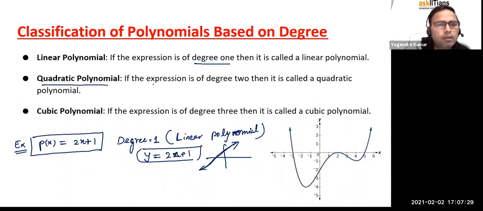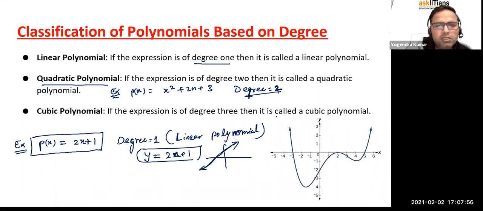Quadratic, degree is 2. Quadratic example: any polynomial of this form, x square plus 2x plus 3. This is a degree 2 polynomial. Degree is 2.